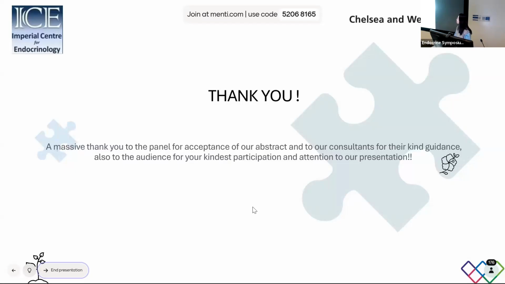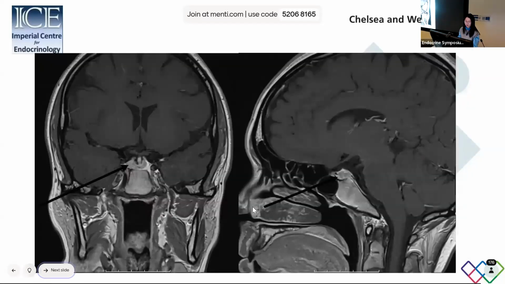Thank you. Could you go back to the pituitary imaging? Yes, just there, well, that one will do. On the left-hand side there, it doesn't look like a microadenoma. They're normally clean and round and focal and have differential enhancement. But I do have this feeling that microadenomas don't become macroadenomas very often.